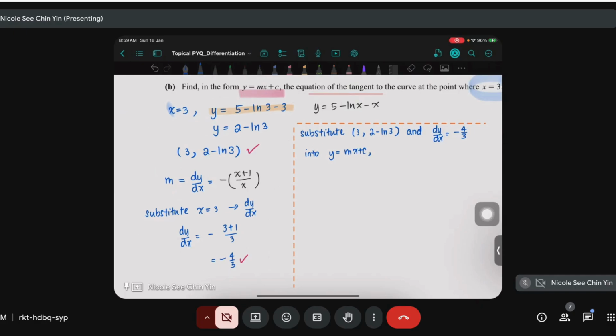So from here, I get 2 minus ln 3 equals to negative 4 over 3 times 3 plus c.